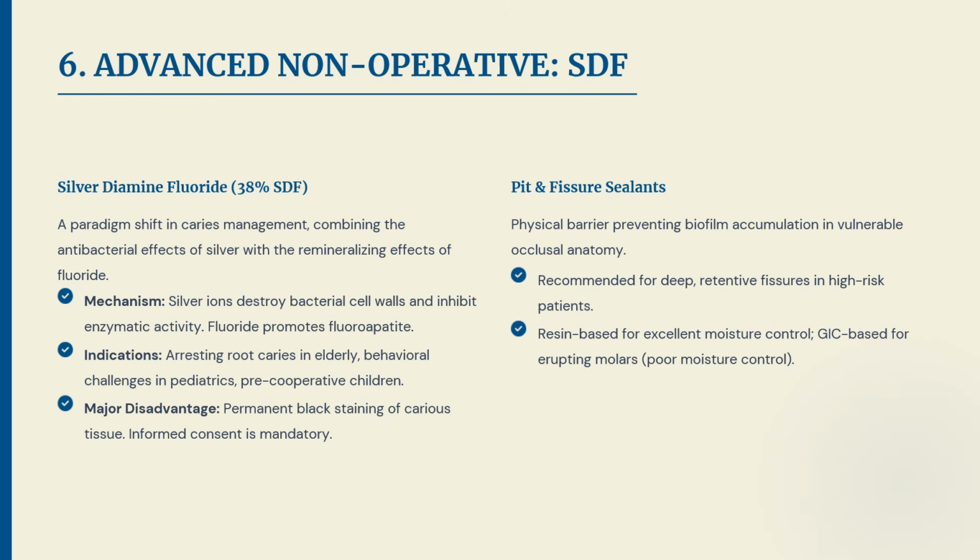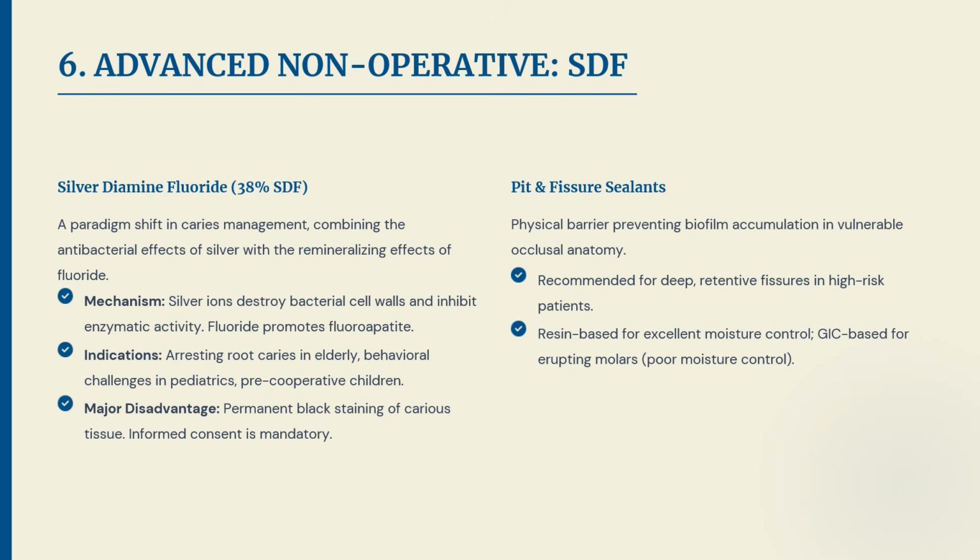Now, silver diamine fluoride, 38%. Okay. Now, what's this? So it's got a combining effect of the antibacterial effects of silver and the remineralizing effects of fluoride. So we got two components, and each of them got their own thing.